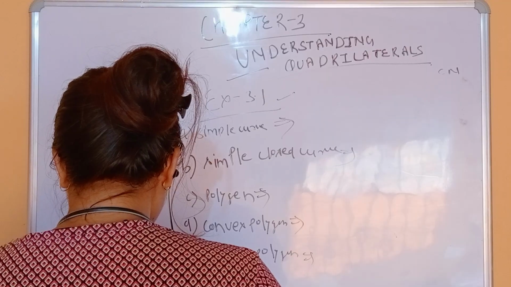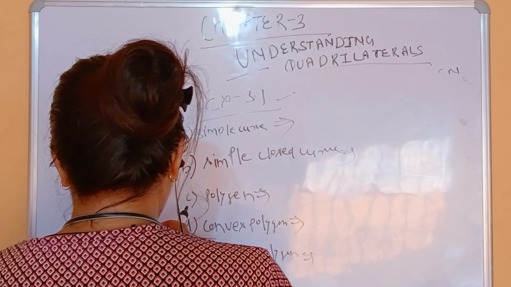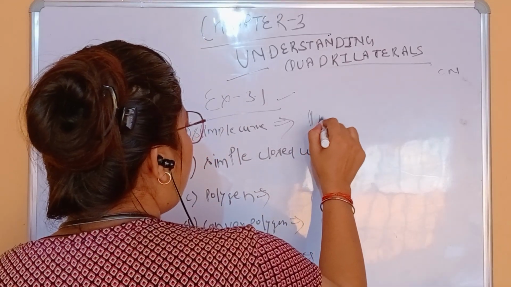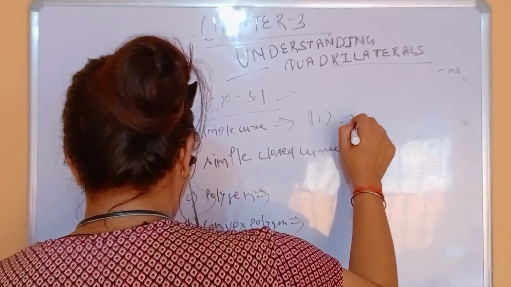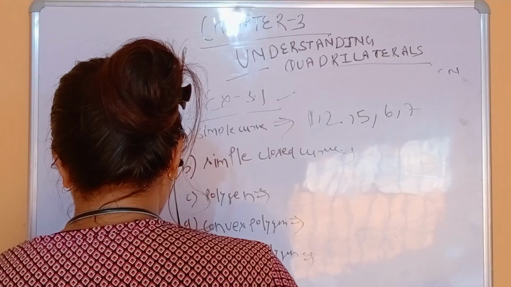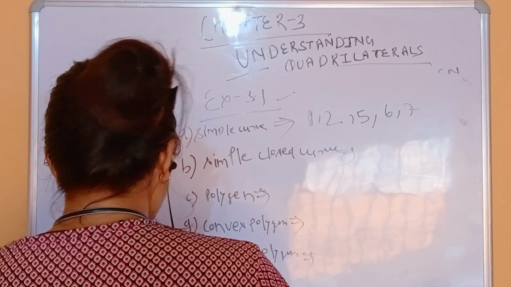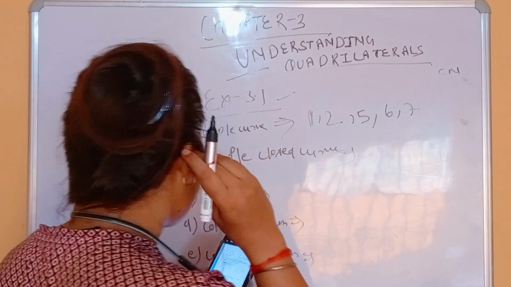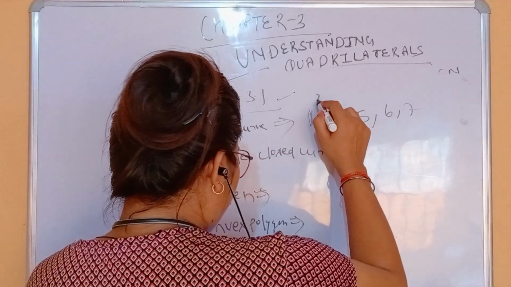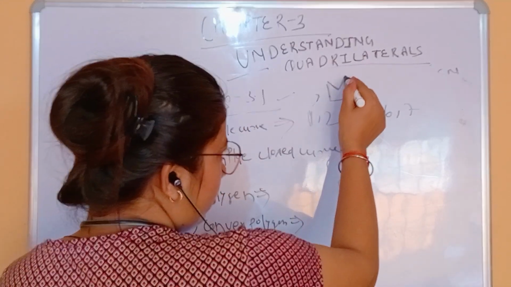So here we can easily write which are simple curves. Simple curves are 1, 2, 5, 6, 7. Why 1, 2, 5, 6, 7? Because we can easily see a curve. Curve means a bent portion. In figure 1, that's a bent portion, a simple curve.